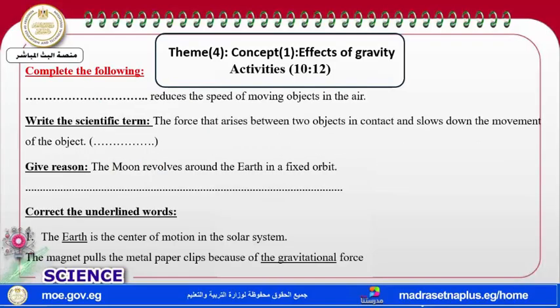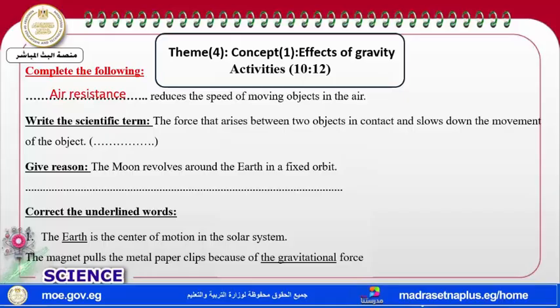Now, let's solve this question finally and check your understanding. Complete the following. What reduces the speed of a moving object in air? There is a very important force that reduces the speed of a moving object in the air, and we can say that this force is called air resistance. It's a force that decreases the speed of a moving object through air, and it's a type of friction force.